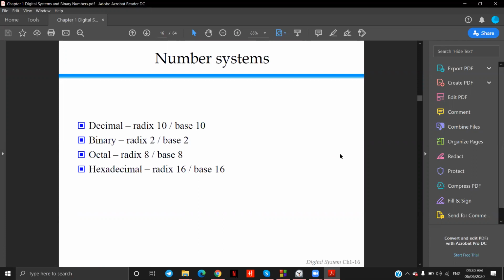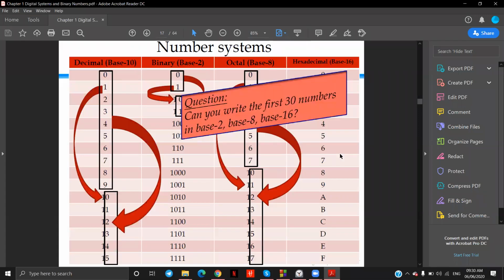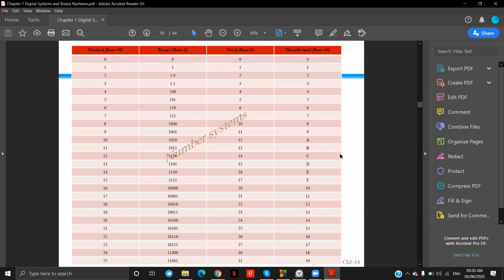So we see that in every number system, there are some base digits. Depending on those base digits, numbers are formed in the number system. In the base 10 number system, 0 to 9 is repeated every 10 times.